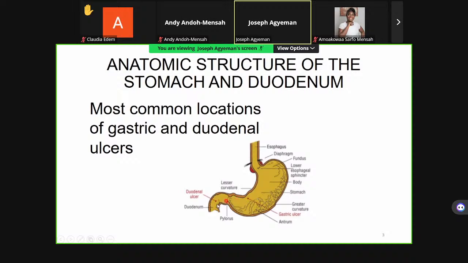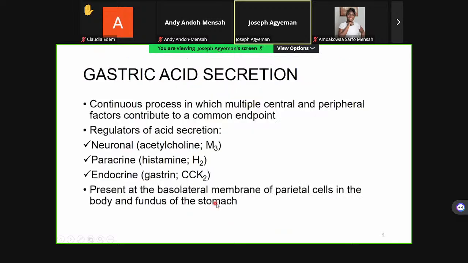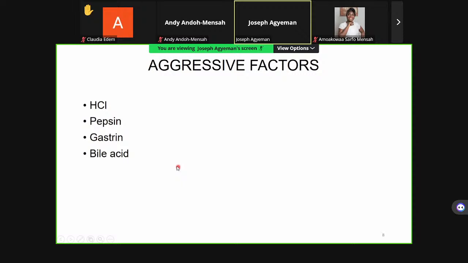So if, let's say, you have your bile acid here in the small intestines and this sphincter is loose, then the bile acid can pass through and cause problems in the stomach or can cause problems in the duodenum. So bile acid regurgitation can also serve as one of the aggressive factors.